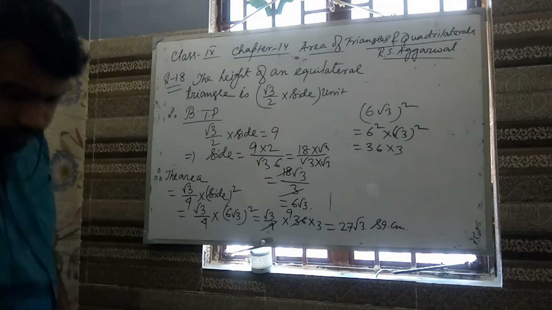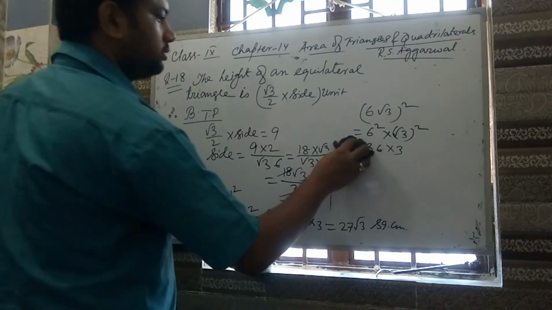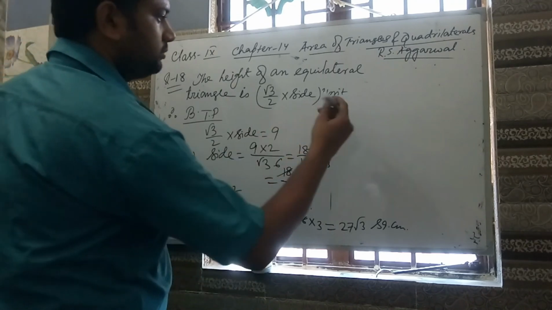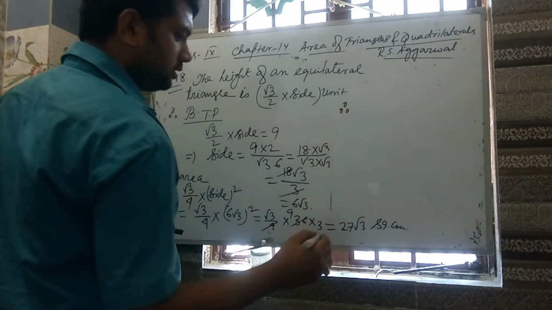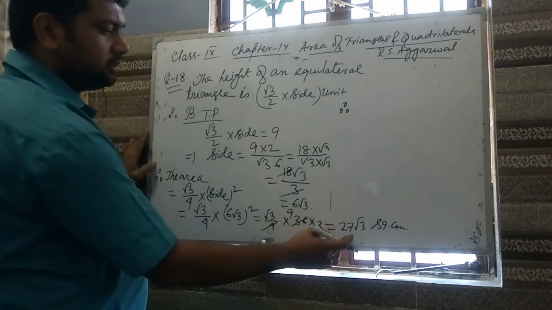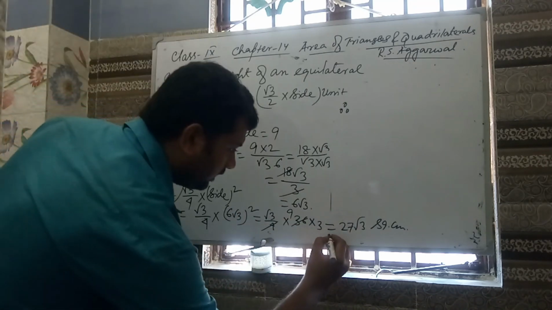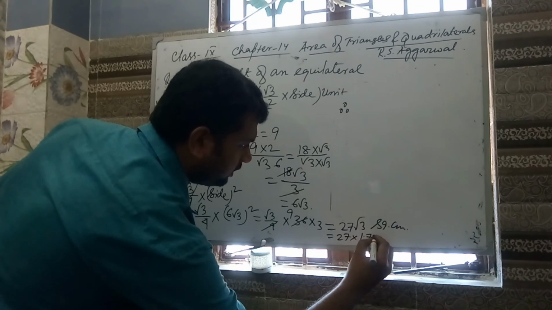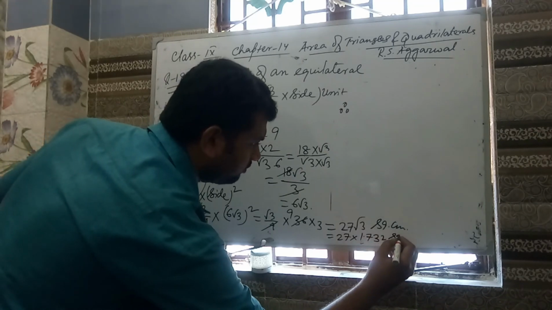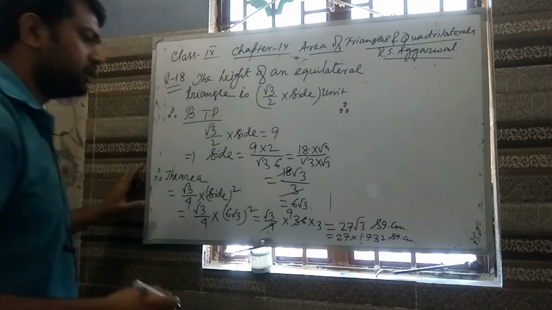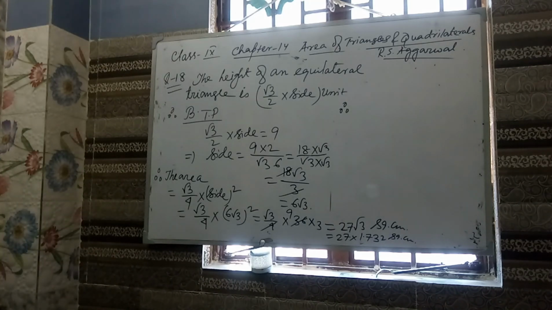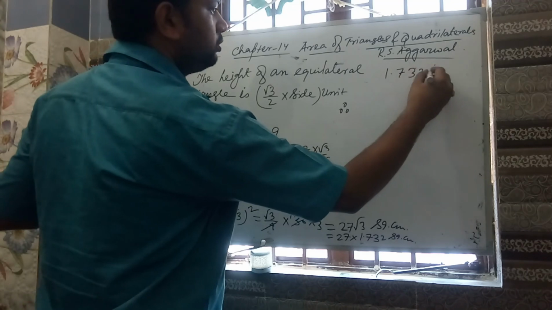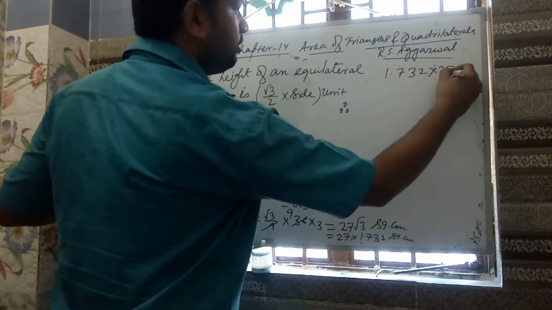So write down, therefore, the area of the triangle is 27 into 1.732 square centimeter. Calculate it. Everyone calculate it.